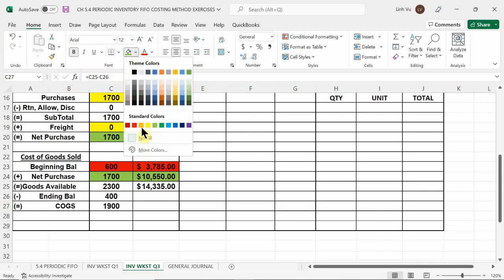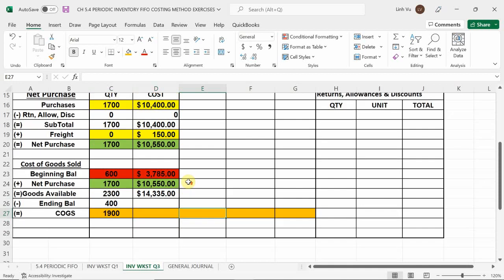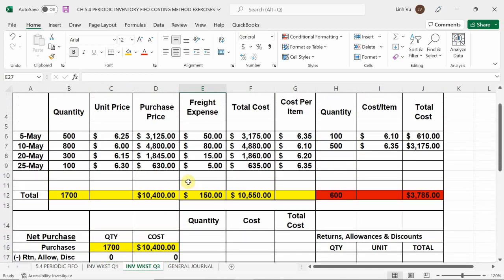Okay? So what you're going to do here is I'm going to also create a table here to represent my cost of goods sold. Right, let's take a look at how many items we actually have available that I have to sell, right? So if you remember, when you carry ending inventory and you place it into the inventory worksheet and you have now beginning inventory, you're going to treat those ones as having come in first because they really did, right?